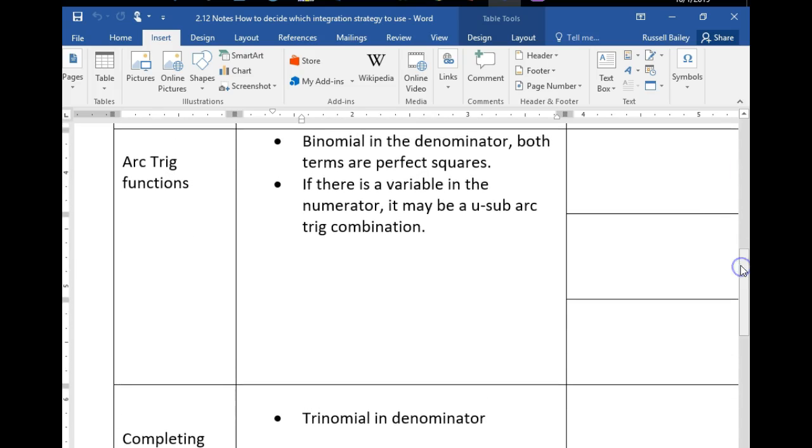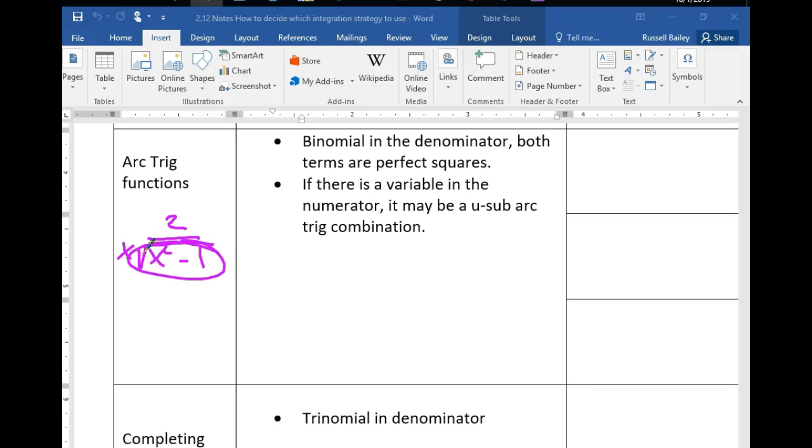Arc trig functions. Well, they always have a binomial in the bottom. Something squared and a number that's a perfect square. And they're both perfect square roots. So like, for instance, if you had this, 2 over x squared minus 1. Well, I've got a binomial down there, and both x squared and 1 are perfect square roots, right? So that's an arc trig of some kind.